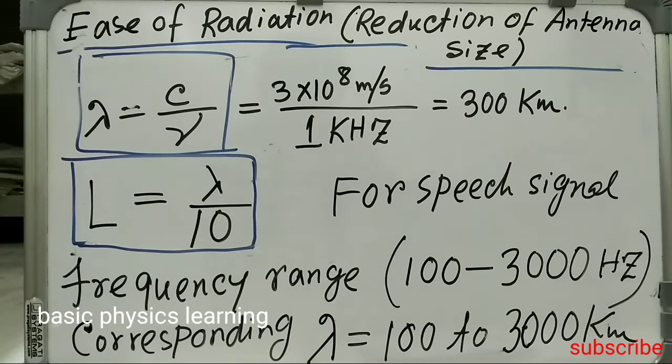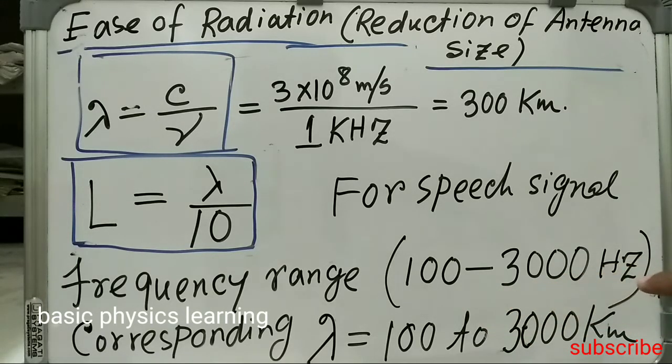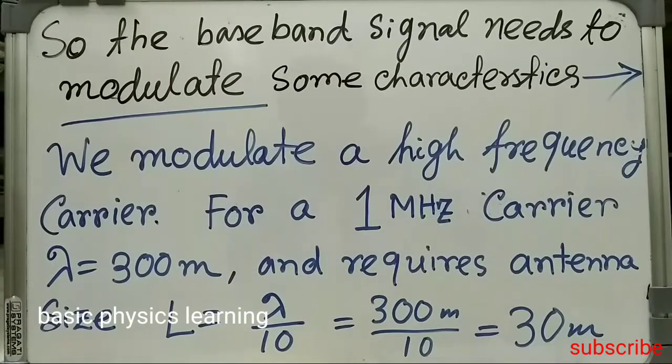For a speech signal having a frequency range of 100 to 3000 Hz, the corresponding wavelength lambda is 100 to 3000 kilometers. These long wavelengths would necessitate an impractical size of antenna.